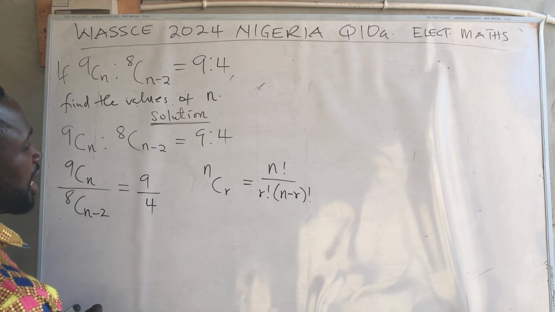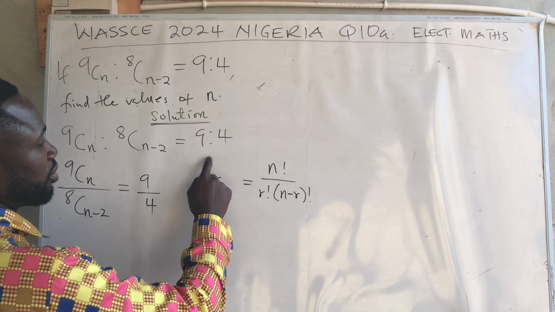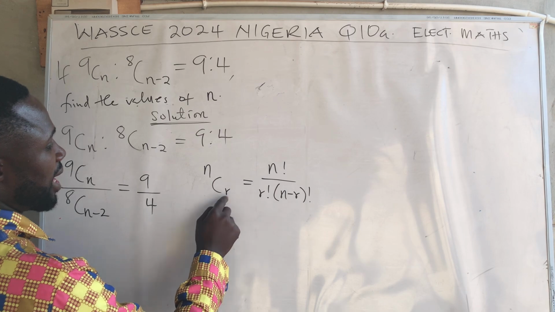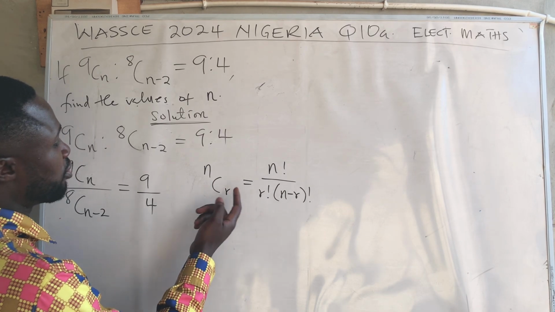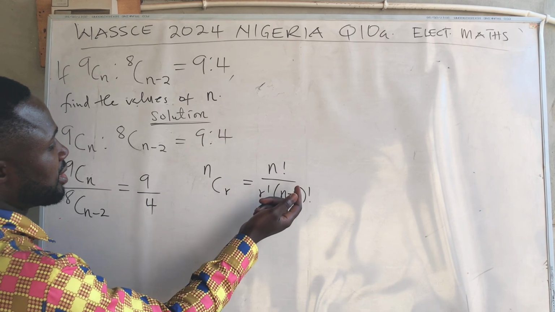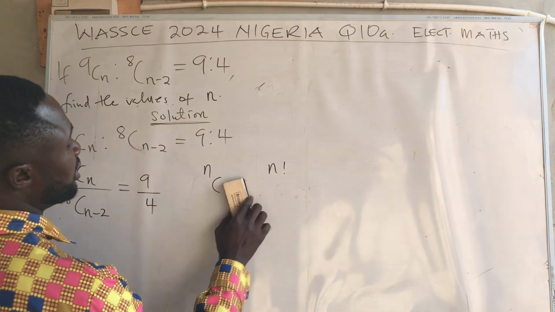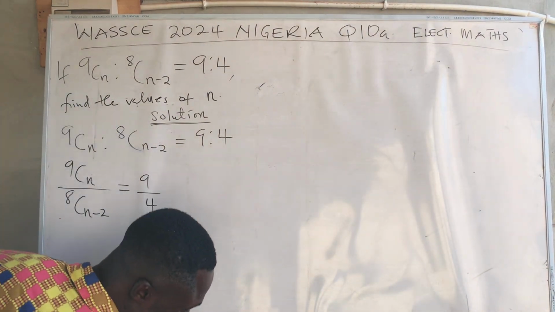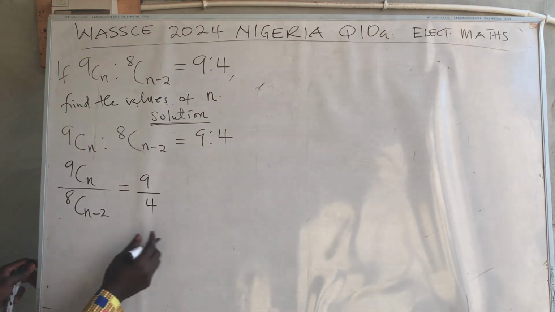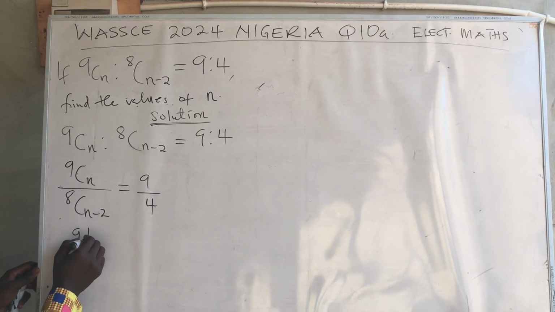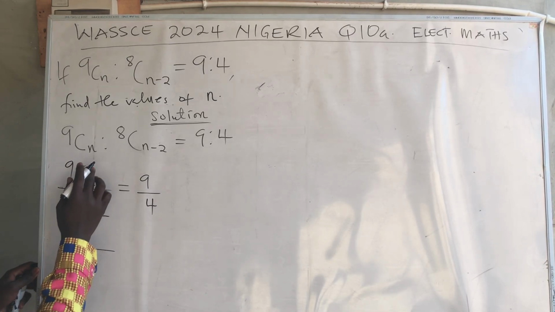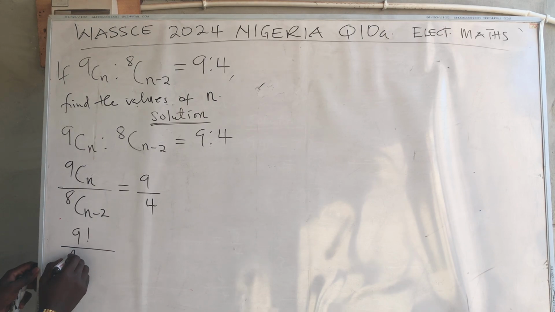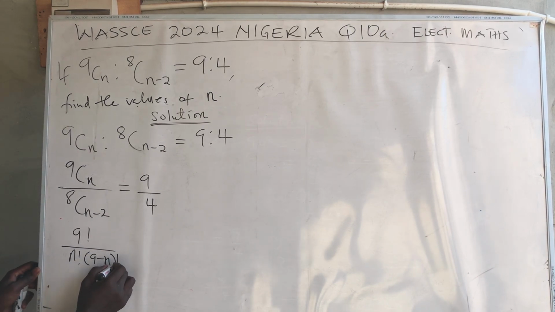Say n combination r is, you take the n factorial divided by the r factorial, then you subtract the n minus r all factorial. If you get the approach, then let's go back to the question. So this can be written as 9 factorial divided by n factorial into bracket 9 minus n all factorial.